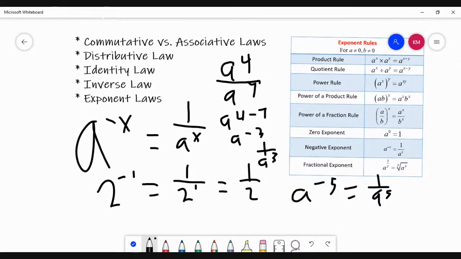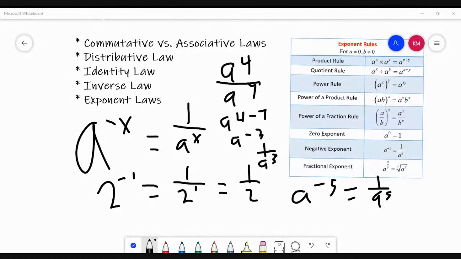Any questions on the negative exponent? Okay, I have a question.